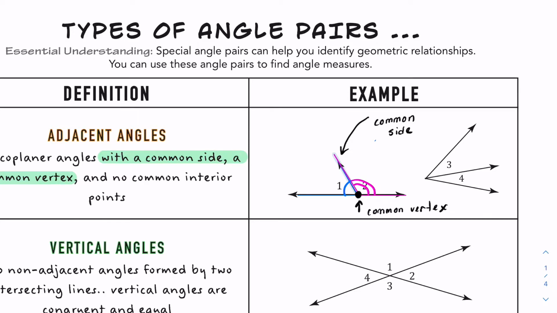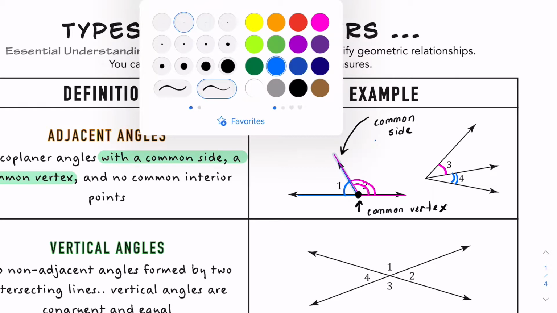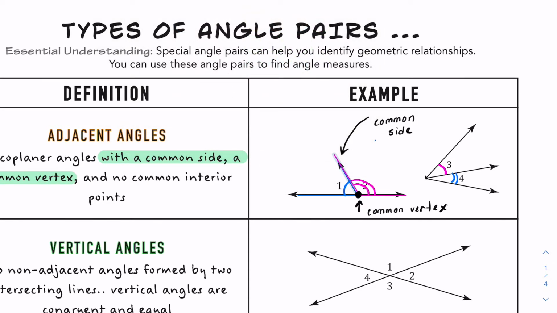Adjacent angles have to meet this criteria. They have to have a common side, they have to have a common vertex. If you look at angle 3 and angle 4, angle 3 is this, angle 4 is here. Their common vertex is located here, and they share a common side right there.